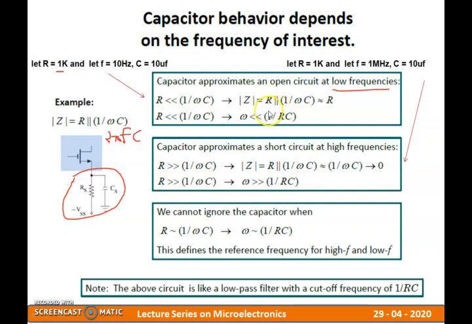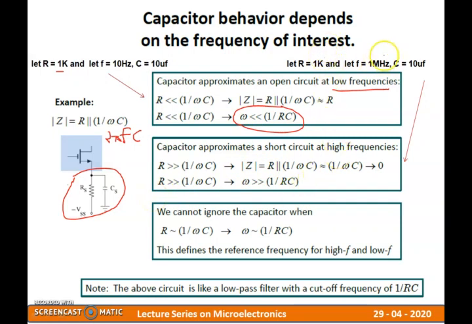So when I say low frequency, remember that the frequency has to be much smaller than 1 over RC, which is almost equal to the low pass filter's cutoff frequency.